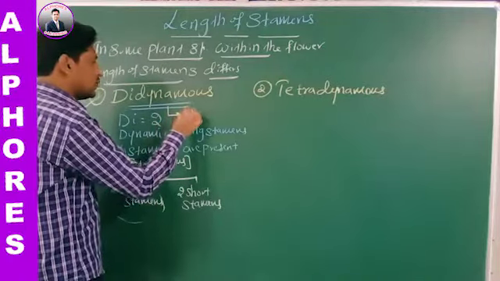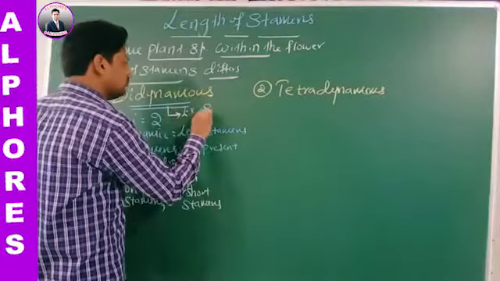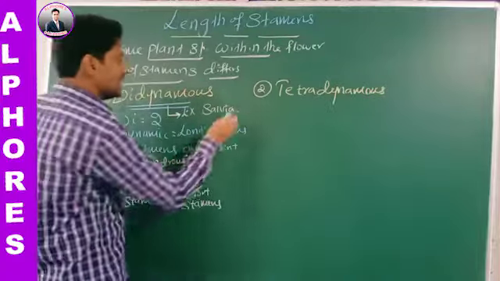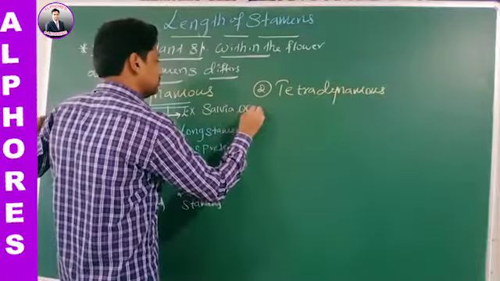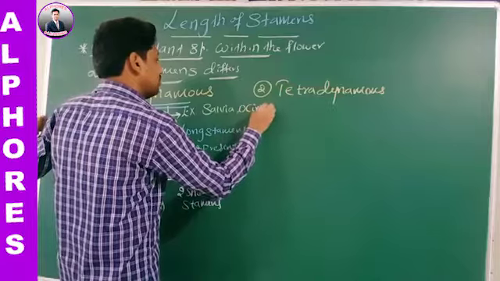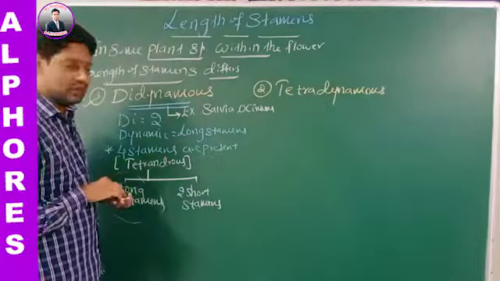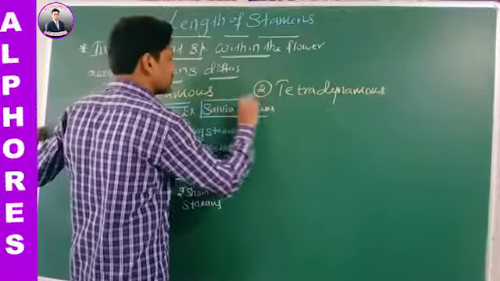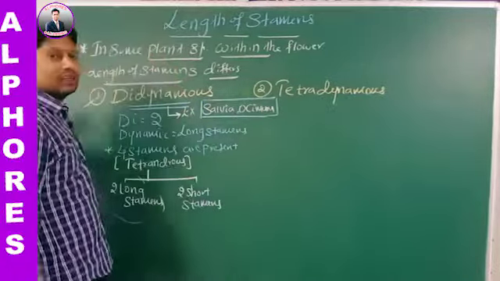Examples. The first one is salvia. The second one is ocimum, Tulasi. Both salvia and ocimum come under the same family. What is that family?